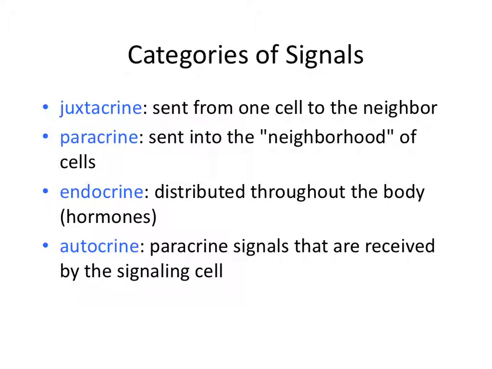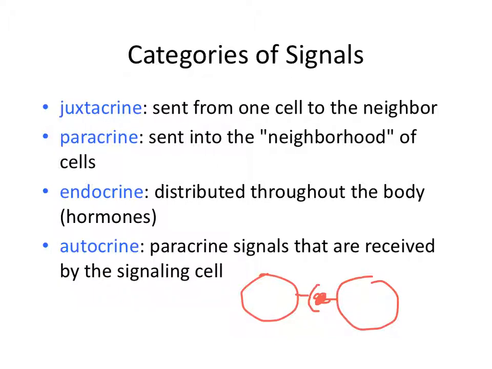Juxtacrine signals would be examples where a cell has a cell surface receptor protein and an adjacent cell has a cell surface protein that fits that receptor. So that signal, this ligand or signal, isn't free floating. It doesn't go anywhere in the body or even nearby. It can only interact with cells that are physically adjacent to it. So that would be juxtacrine signal.